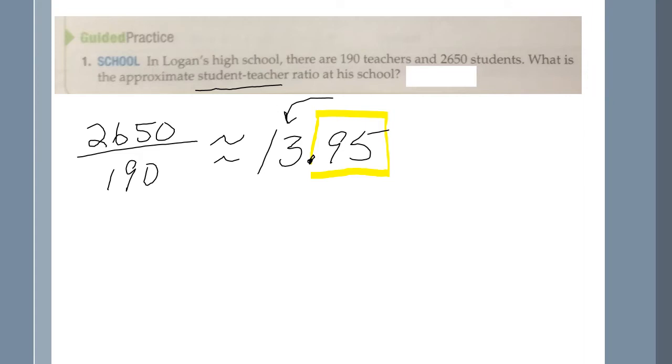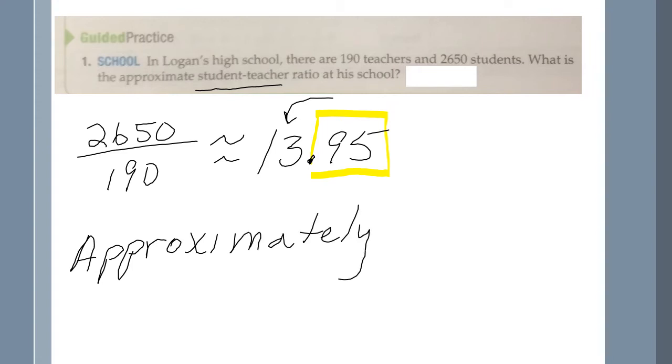Because we're dealing with people here. You don't have fractions of people. So we would say approximately 14, we could say it 14 to 1. Okay, and they do say approximately right there too.